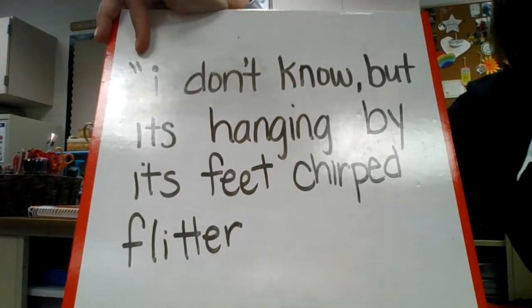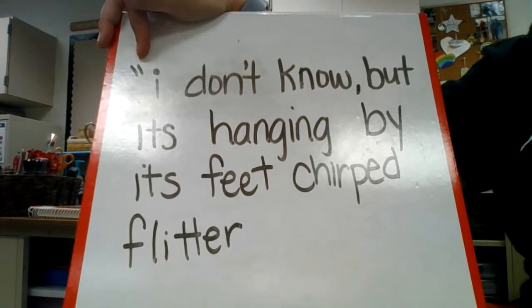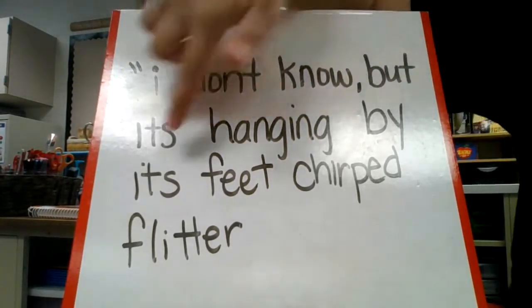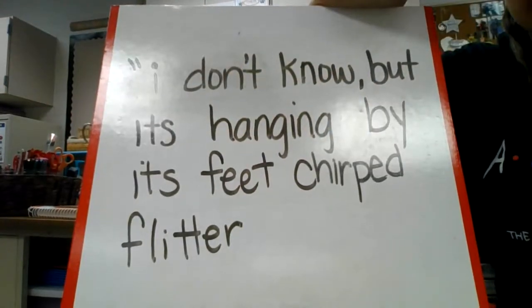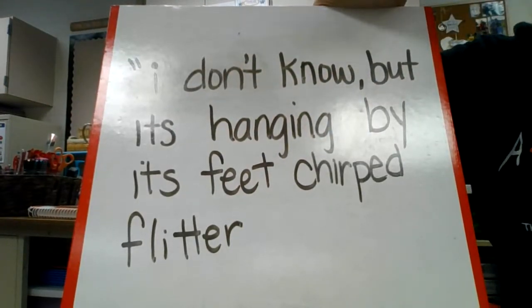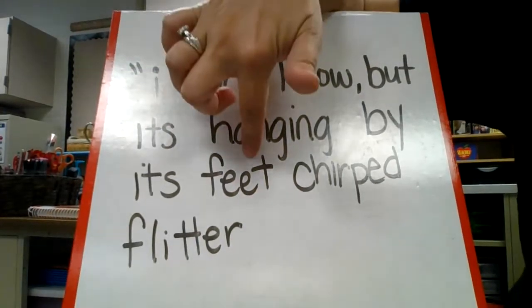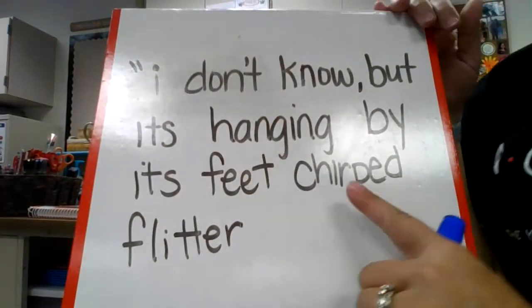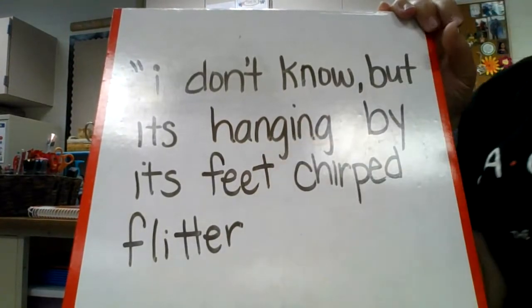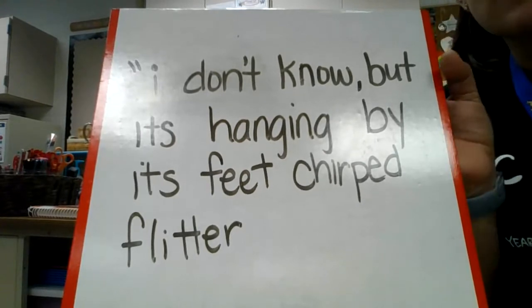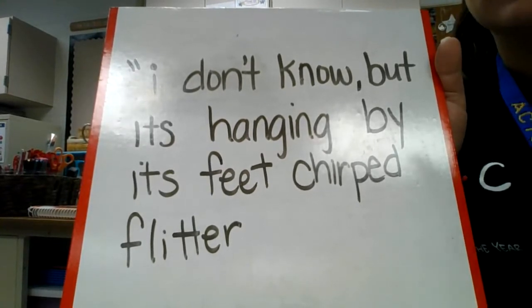Well, we have our quotation mark, which is one big focus that we've been talking about. So here's the beginning, but do you see your ending quotation mark anywhere in our sentence? Nope. So we've got to figure out where that goes. Chirped Flitter is the tag, the character that's talking.